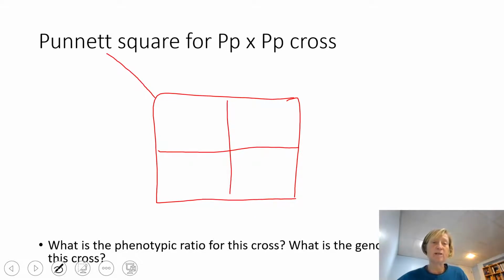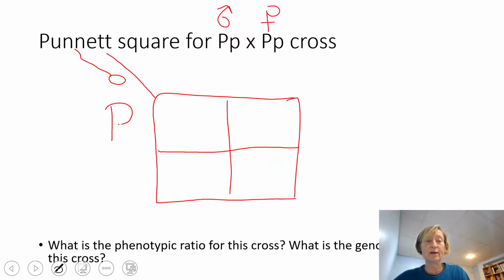What we do on a Punnett square is on the outside of the box, we put the gametes that each parent can make. So let's say this is my male parent and this is my female parent. On the left side here, I would put the types of gametes that my male parent can make. My male parent can either donate a big P or a little p.